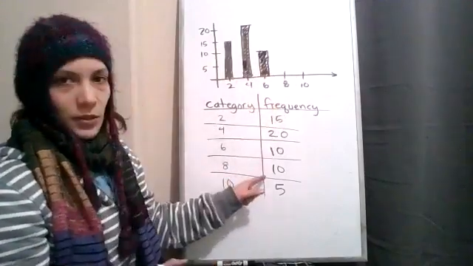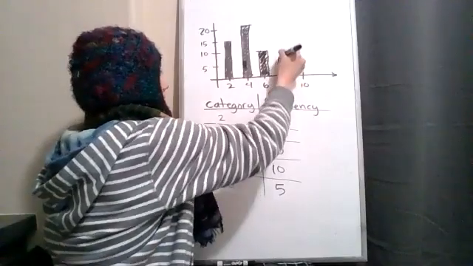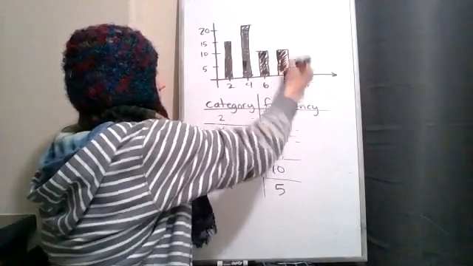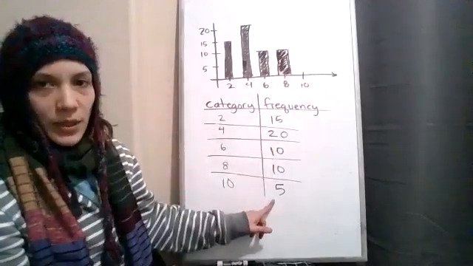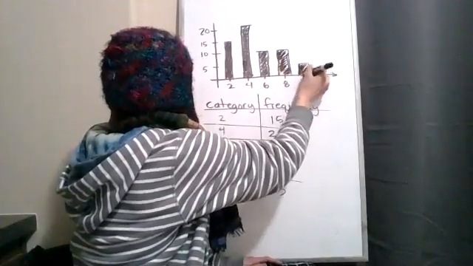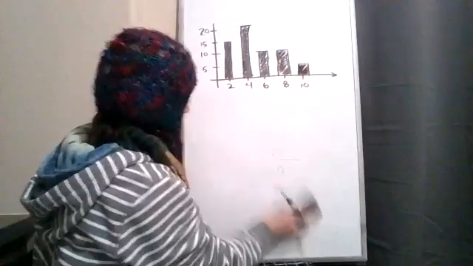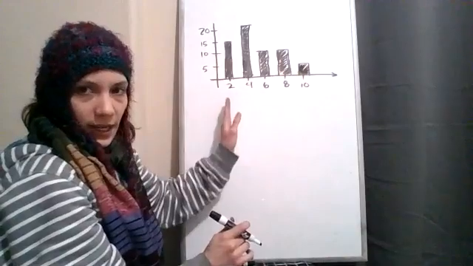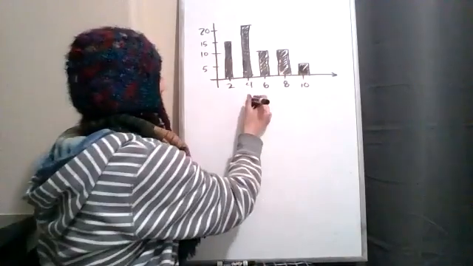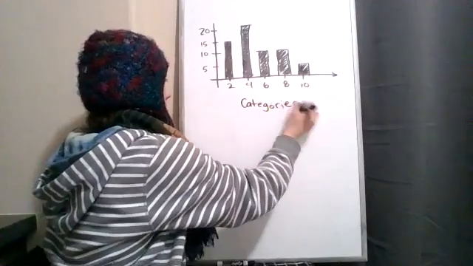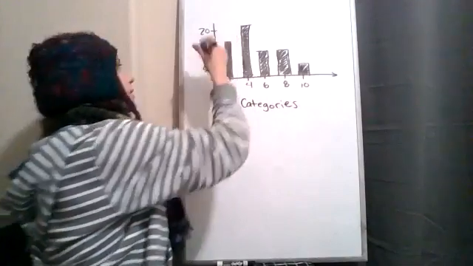And at 8, also height of 10. Last one, around 10, go up 5. And then just to make it clear, this was our place for categories, and this was the frequency.